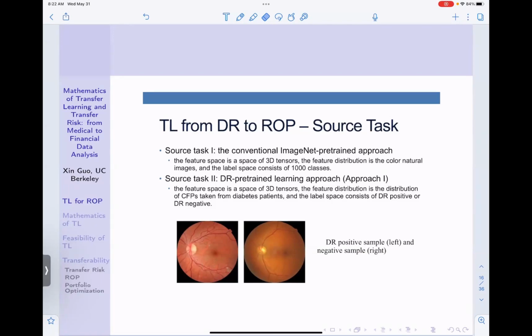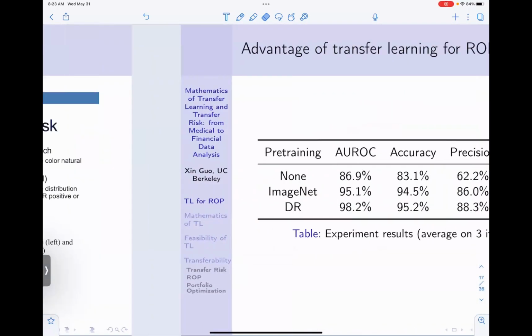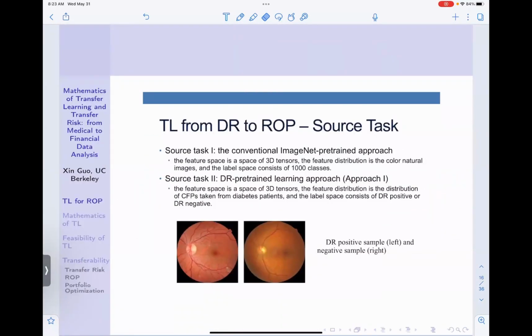And then they tried to study the feature space, create the distributions, and label them into thousands of data classes, and use that as a basis, or what we call the source task, to learn. For us, this is quite surprising: you have a particular eye disease, and you go to general landscapes to do transfer learning. So what we did was immediately compare these two different source tasks.